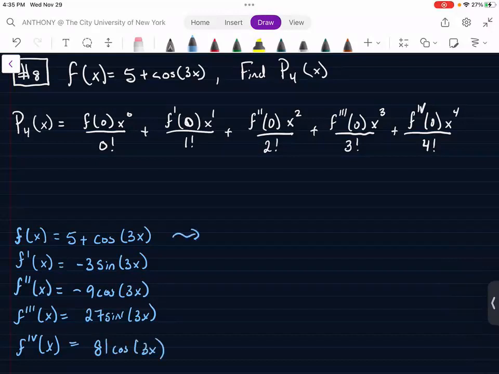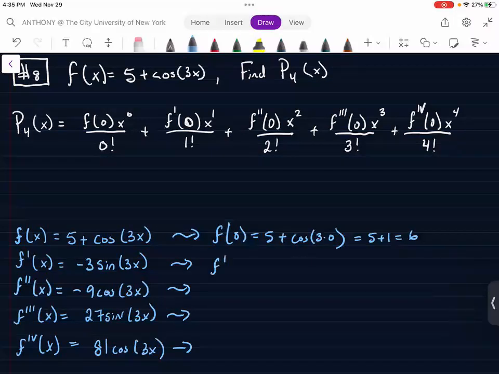All right, so now you evaluate each of them at 0. So f of 0 is equal to 5 plus cosine of 3 times 0. But what's 3 times 0? 0. So cosine of 0 is 1. So the first term is 5 plus 1, which is 6. F prime of 0, I don't really have to do any computation because this is going to be 0, right?